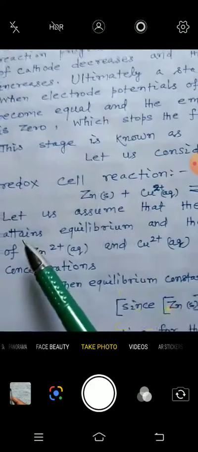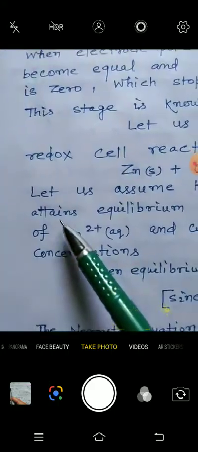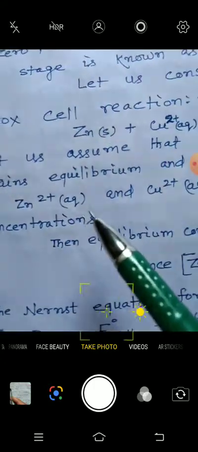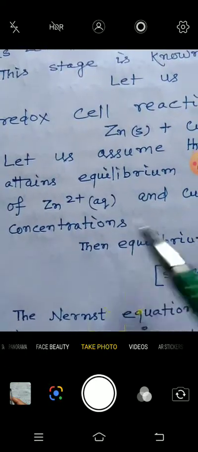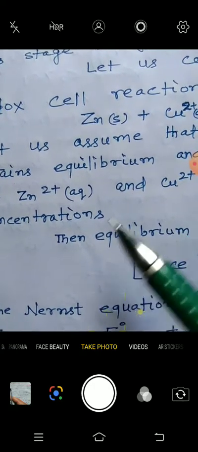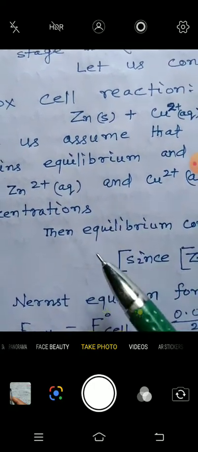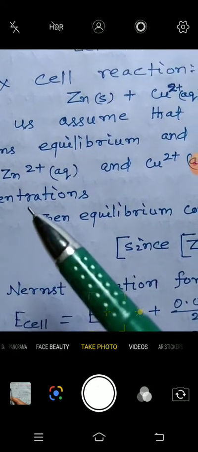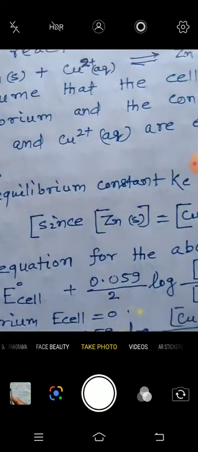Let us assume that the cell reaction attains equilibrium and the concentrations of Zn2+ aqueous and Cu2+ aqueous are equilibrium concentrations. Meaning the concentrations at this stage, for the ions in the solution of the anodic compartment and the solution of the cathodic compartment, are known as equilibrium concentrations at the stage of equilibrium.